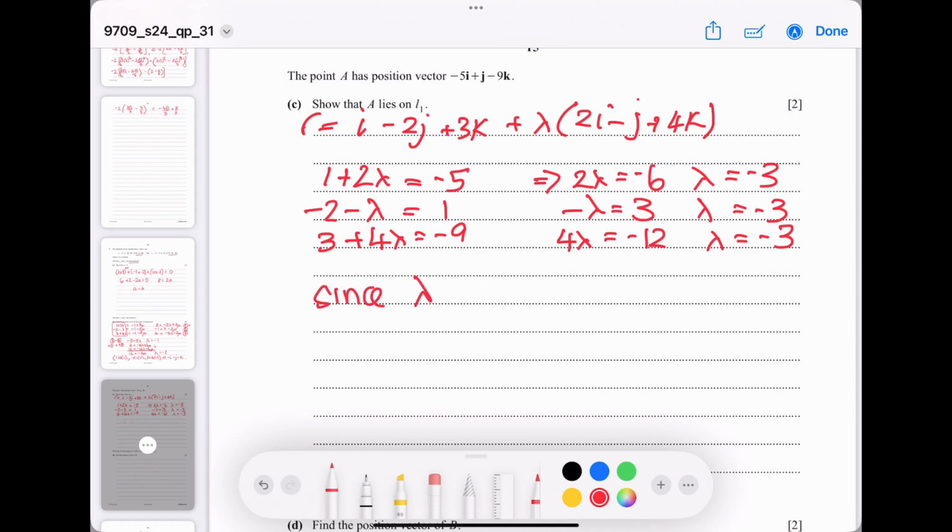We have the same value for each, so A does lie on L1.